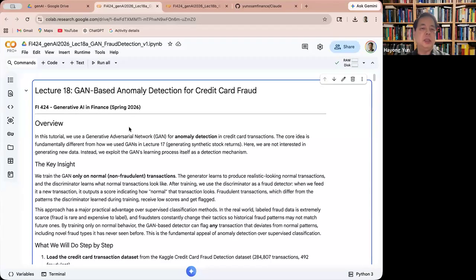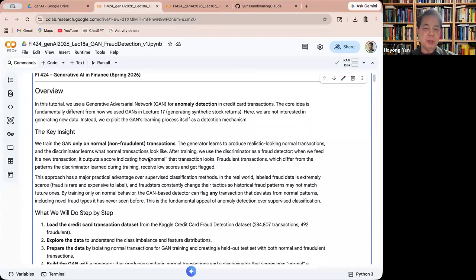GAN is good at creating synthetic data, very realistic-looking fake data, isn't it? So we show here how to use that for anomaly detection in credit card transactions. We'll have the GAN train on non-fraudulent transactions, so that the generator learns to produce realistic-looking normal transactions.